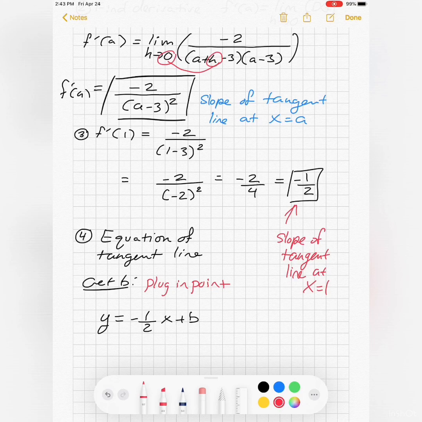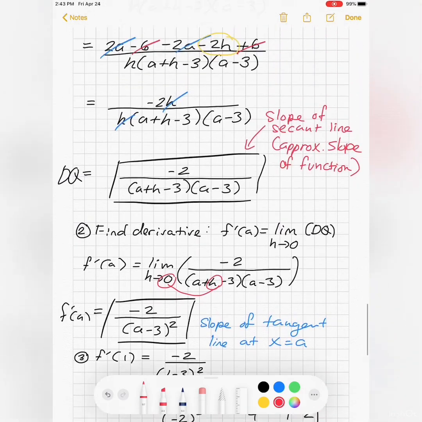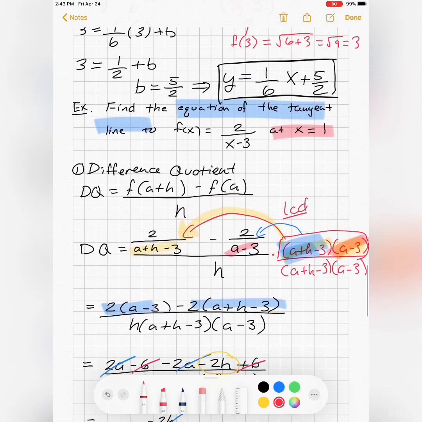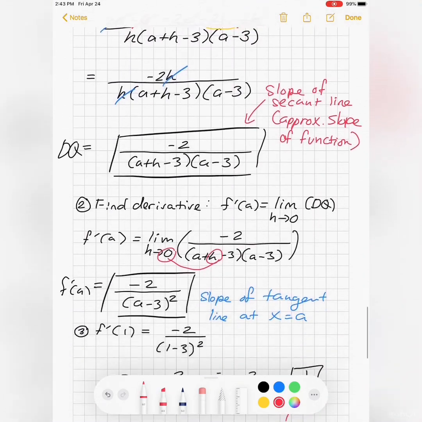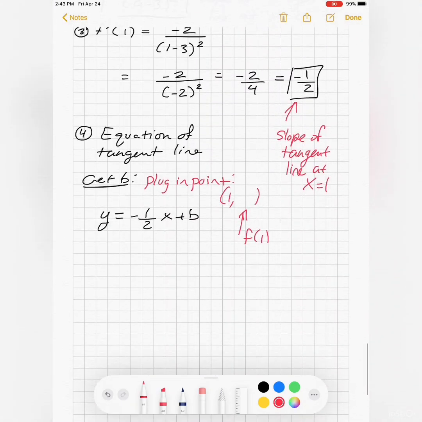The x value was 1. Let's find f of 1. Here's the function, 2 over x minus 3. It's negative 1. So the y is negative 1.